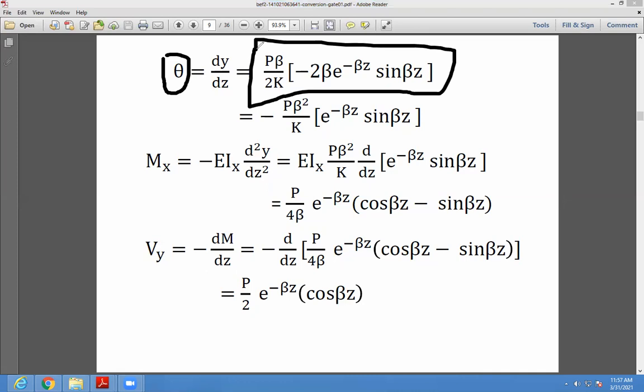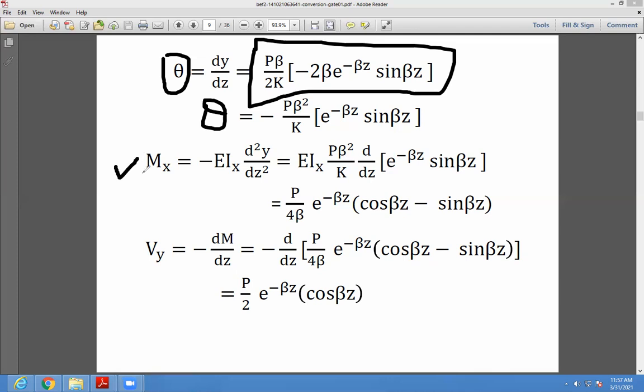So we get the equation of theta, that is slope, is equal to minus P beta square by k into e raised to minus beta z sin beta z, right? Now we get the equation of slope and deflection.